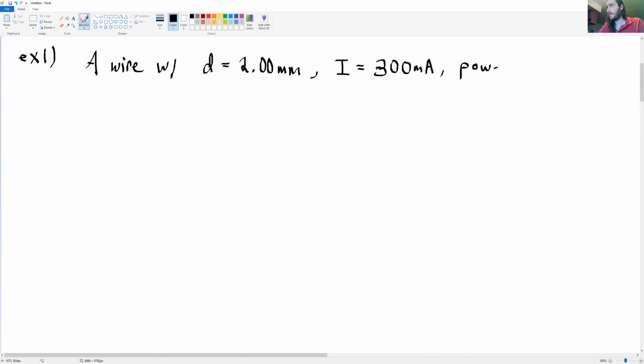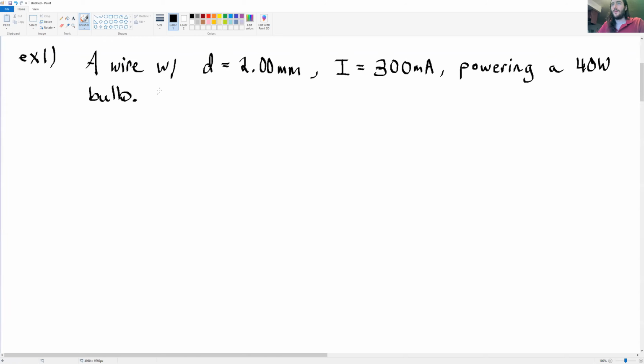And this wire is powering a 40-watt bulb. Okay.